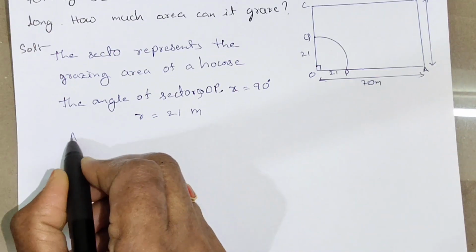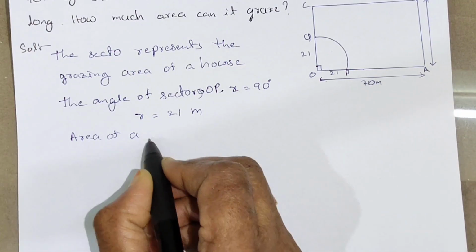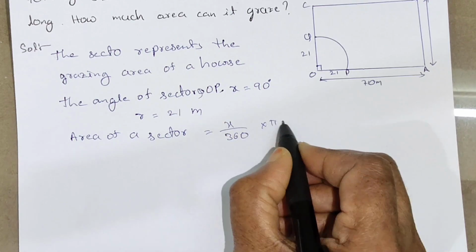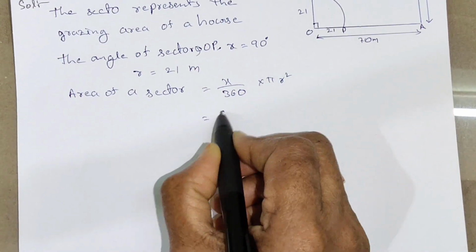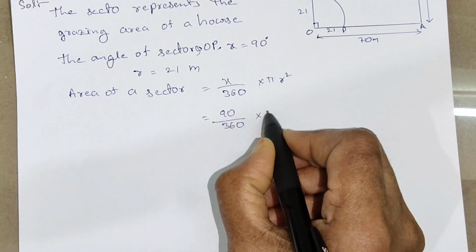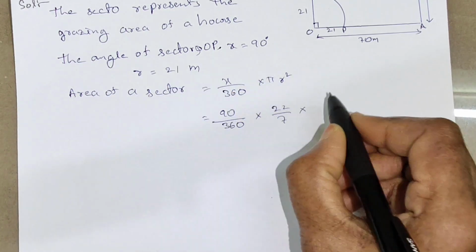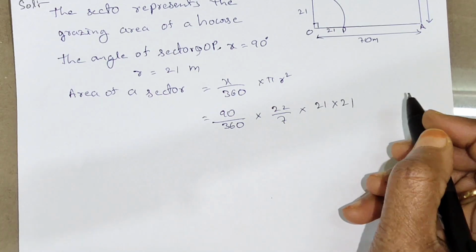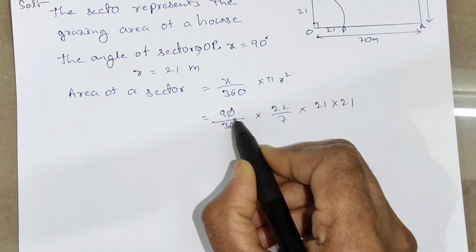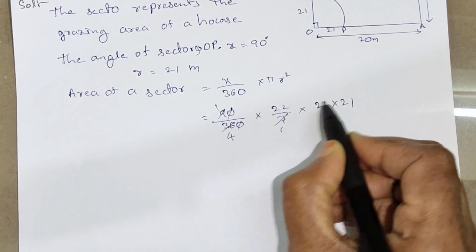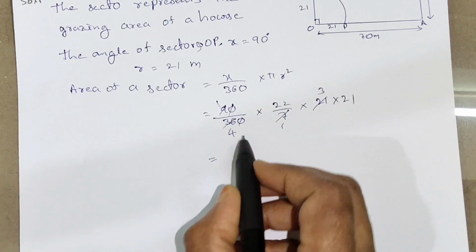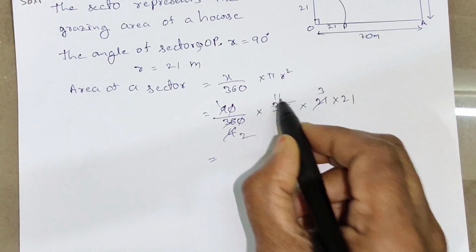Now we find the area of the sector. Area of a sector is equal to x by 360 into pi r square. Here x equals 90, substitute 90 by 360 into pi equals 22 by 7, r equals 21 into 21. Now simplify: the 0s get cancelled. 9 1s are 9, 4s are, 7 1s are 7, 3s are 21. 2 2s are 2, 11s are.